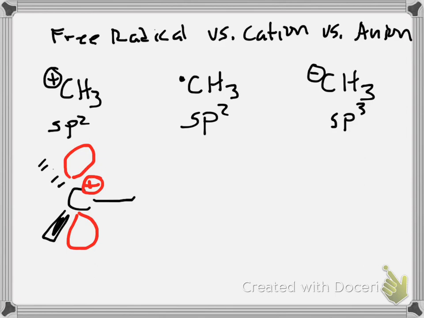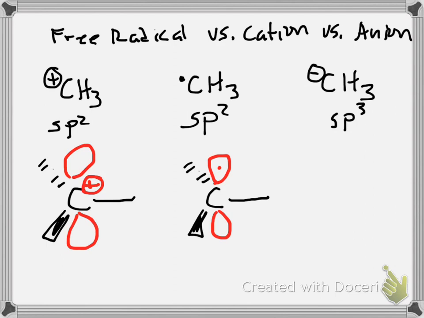The free radical has the exact same arrangement of orbitals because it's also sp2 hybridized. Except this time, in the p orbital, it's not empty. There is one electron in the p orbital.